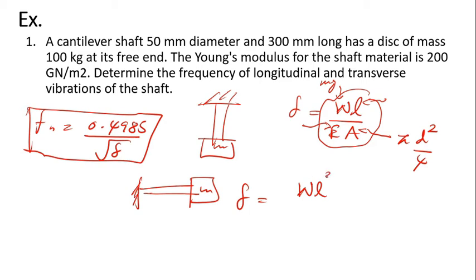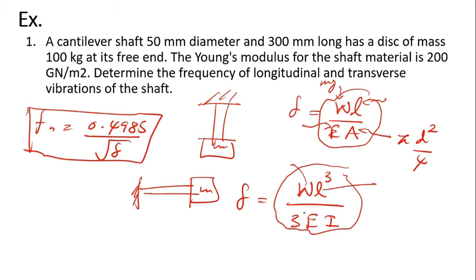For the transverse case, delta, or the static deflection, equals W into L to the power of 3 divided by 3EI. Here W is the force, L is the length, E is the Young's modulus, and I is the moment of inertia of the shaft.